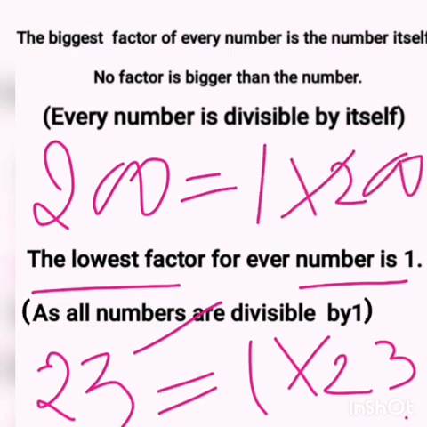So any number can be written as 1 into that number, right? So the smallest or the lowest factor of every number is 1. Why is this so? Because all numbers are divisible by 1. So for every number, the smallest factor will be 1 and the biggest factor will be the number itself, right?